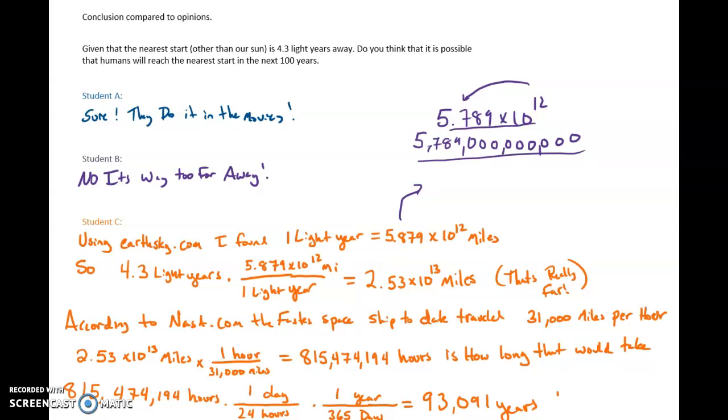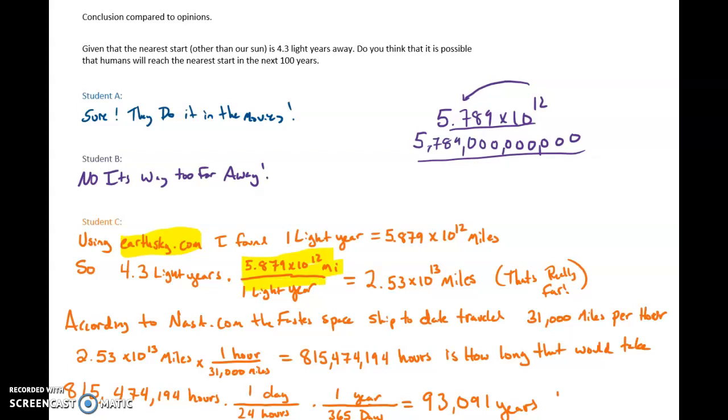Anyway, back to what the student wrote. Using EarthSky, they found that 1 light year was 5.879 times 10 to the 12th miles. Notice that the student cited a source. So they say 4.3 light years, and then this is what's called a unit conversion factor. I'm going to go into this in more depth in the next video.